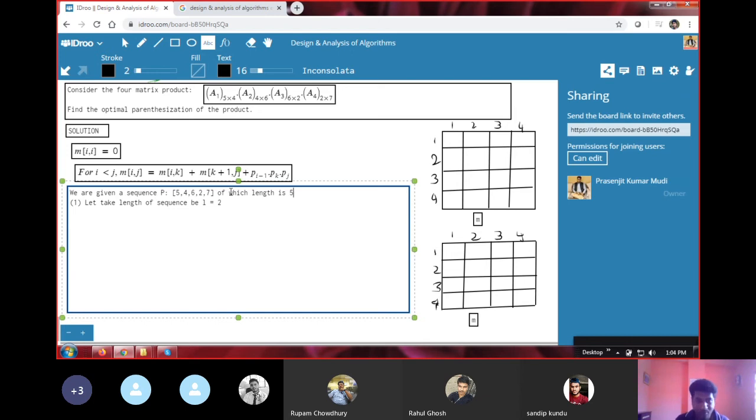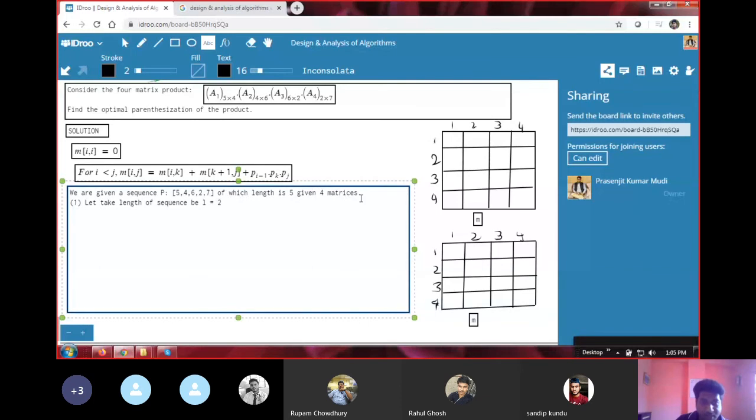Given 4 matrices, this is a very important thing. If we are given 4 matrices, we should have a sequence of length 5.